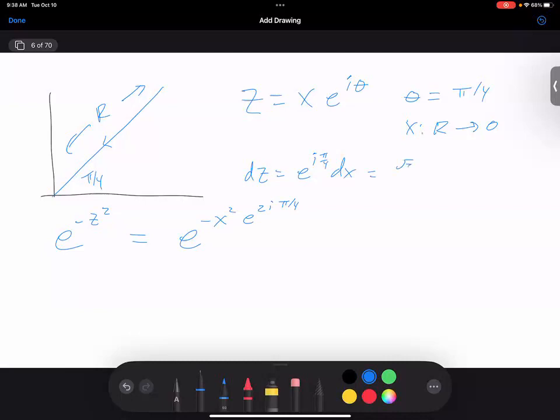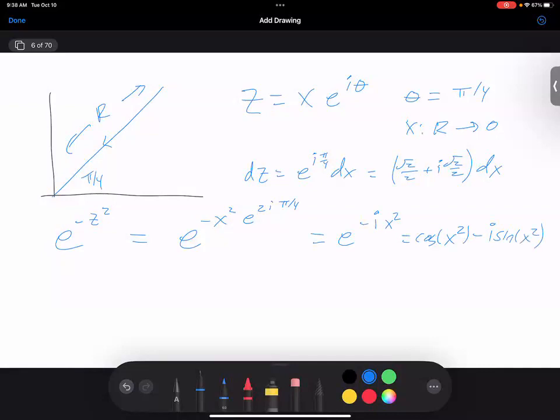Well, what is e to the 2i pi over 4? That's going to end up being i. So this is going to be e to the minus i x squared, which is cosine x squared minus i sine x squared.